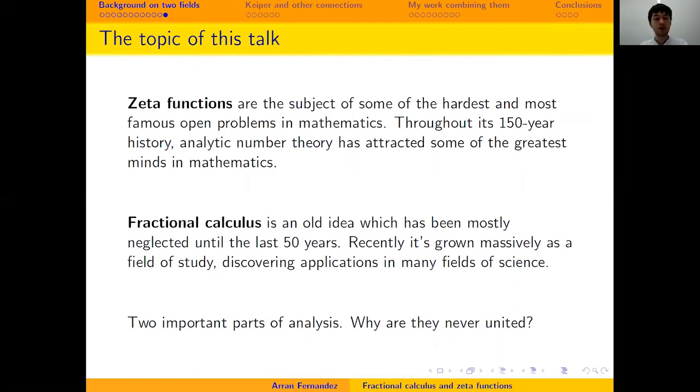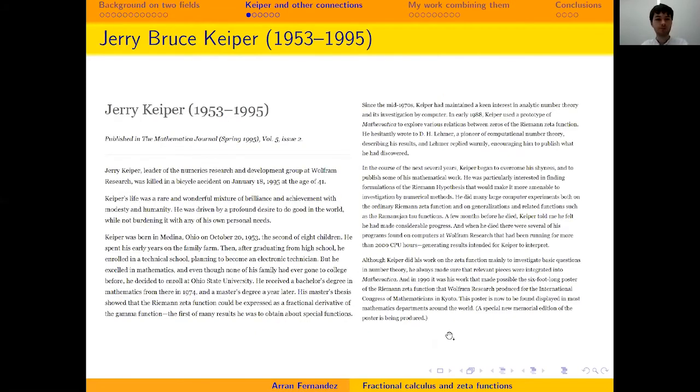Let me start with Jerry Bruce Cuyper. He died in 1995, so he's not with us anymore. At the age of only 41, he was killed in a bicycle accident, January the 18th, 1995. This image I've shown on this slide is from his obituary in the Mathematica journal.